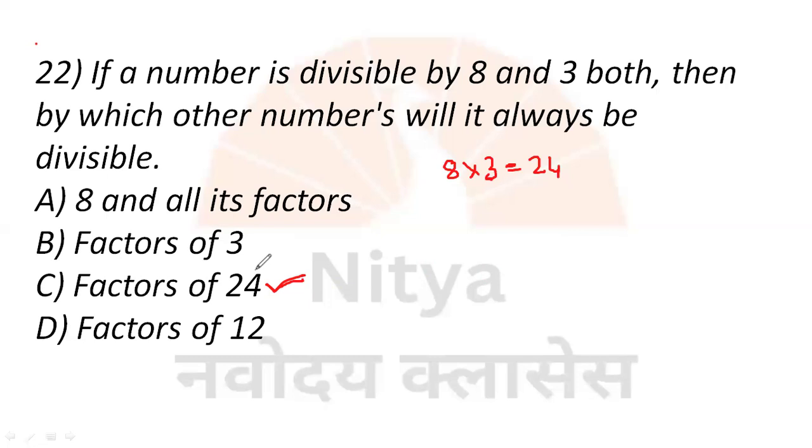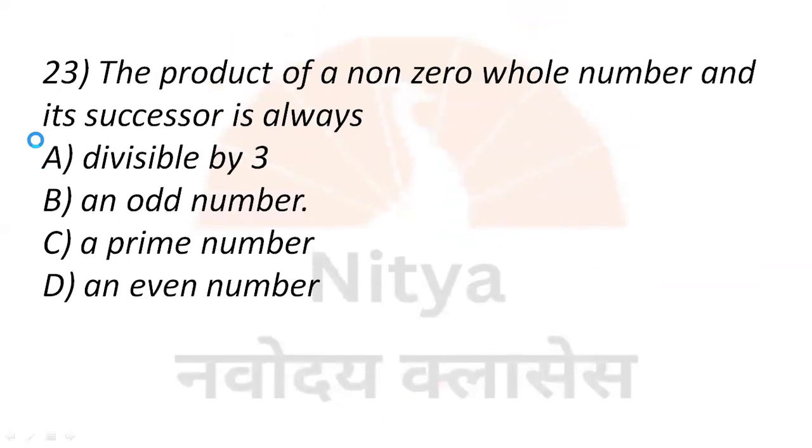Next one. 23. The product of a non-zero whole number and its successor is always. First of all, you already know the whole numbers. Whole numbers equal to 0, 1, 2, 3, 4, and so on.